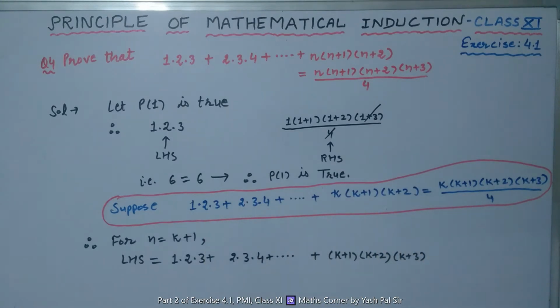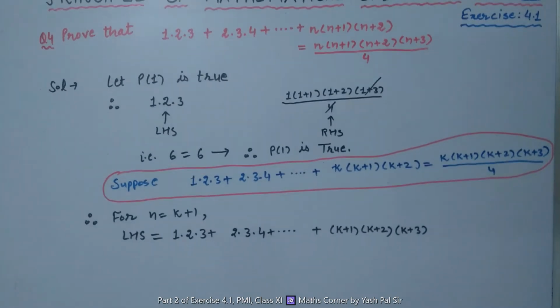For this purpose, solving further, the left hand side becomes 1 into 2 into 3 plus 2 into 3 into 4 plus, and we can guess the next term. What is the next term? The first term started with 1, the second started with 2, obviously the third will start with 3, so 3 into 4 into 5, and thereafter plus and so on.